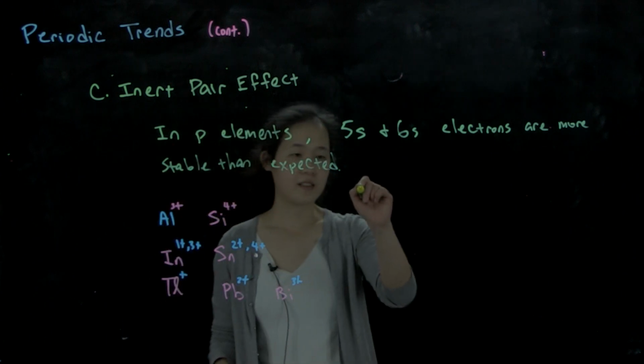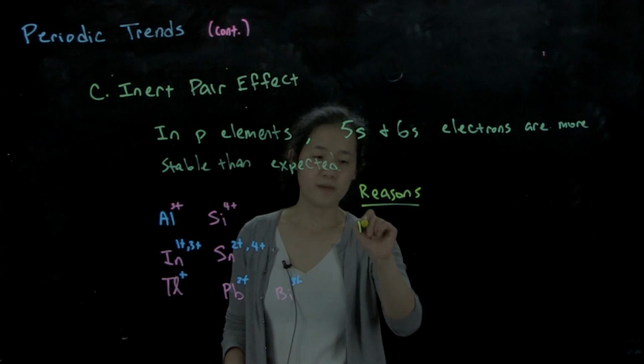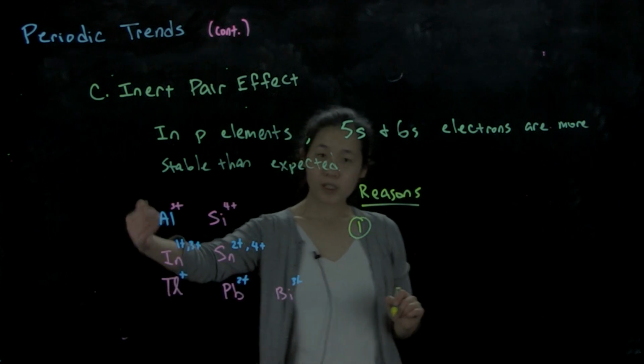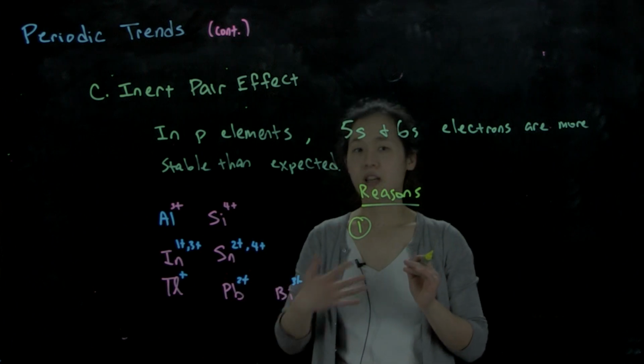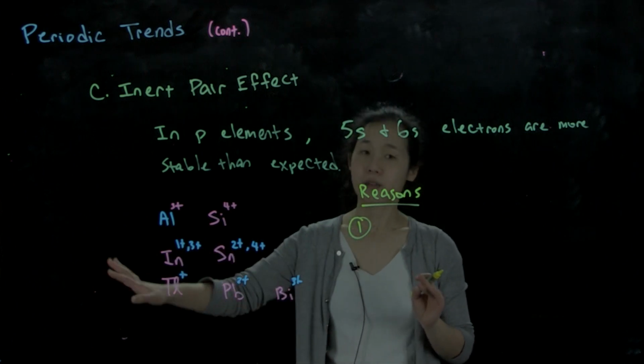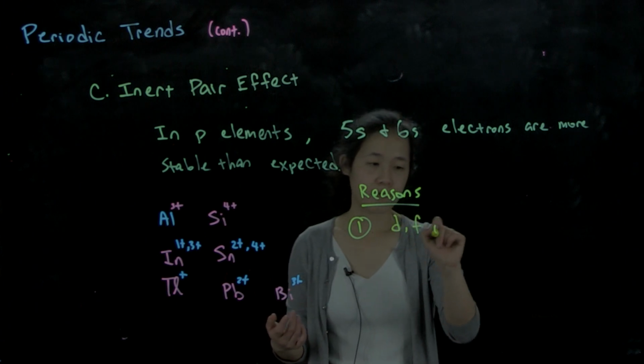okay, so reasons. One, here we're down in these lower groups. We have filled d electrons and f electrons, or d orbitals and f orbitals nearby. So again, the d and f orbitals are bad at shielding.